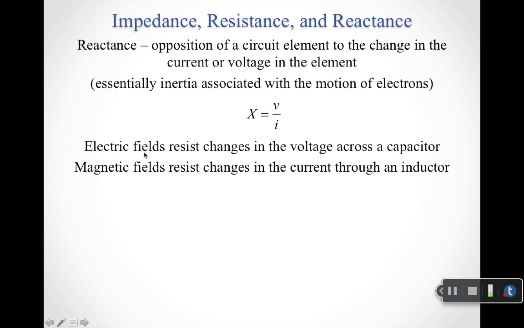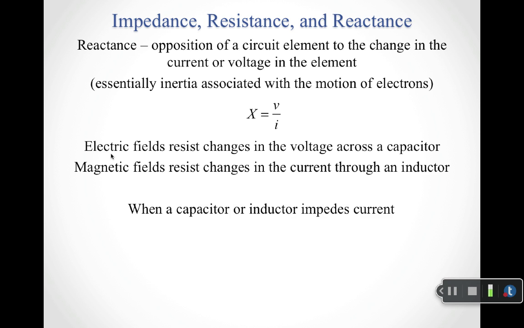Electric fields, which you set up in a capacitor, resist changes in the voltage across the capacitor. Magnetic fields, which you have with an inductor, resist changes in the current through an inductor. So basically the reactance is measuring the resistance to change in the field that you've set up within either of those two circuit elements.